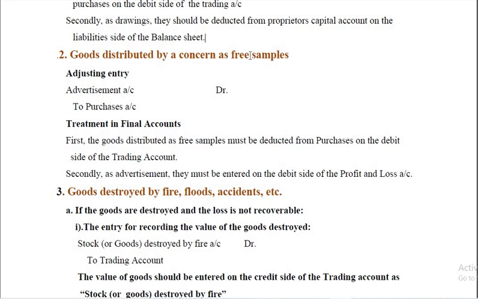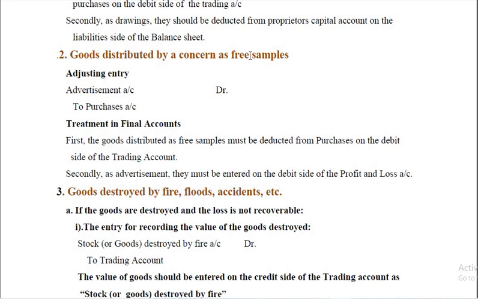Giving the goods as free samples is a form of advertisement. That is why it is taken under the heading advertisement. So advertisement account debit, it's an expense, debit the expense and losses nominal account.